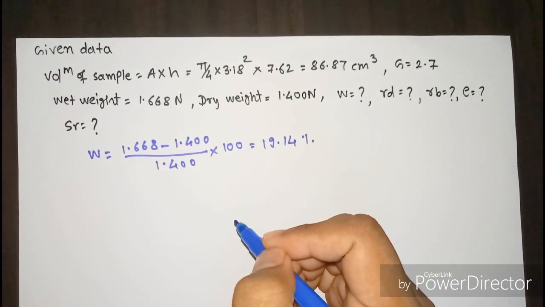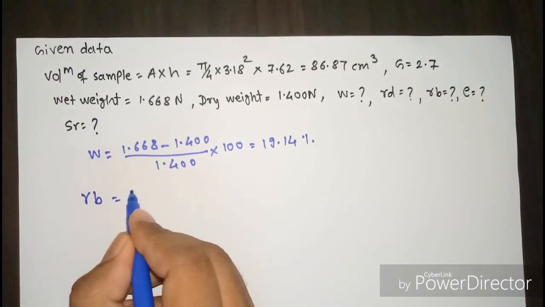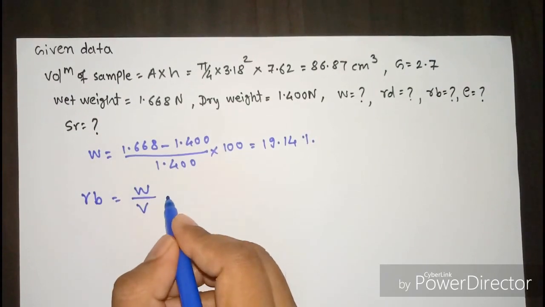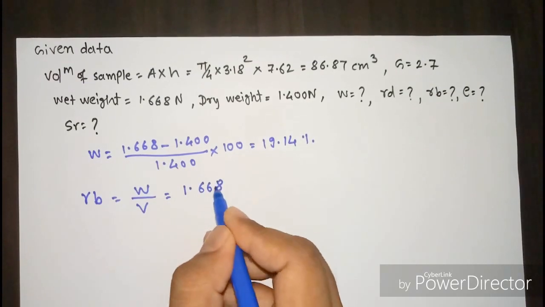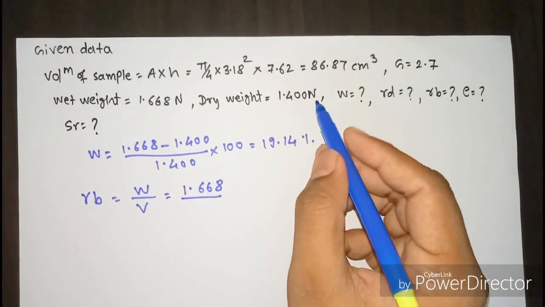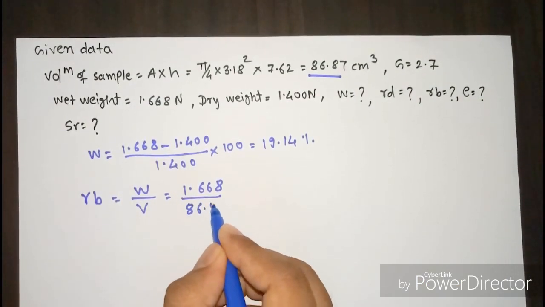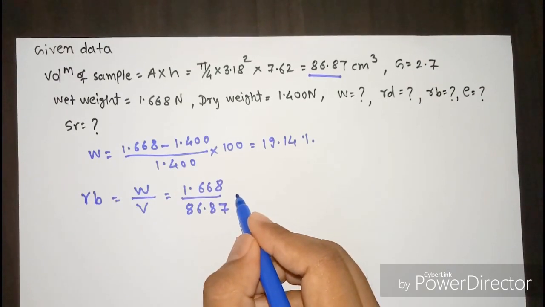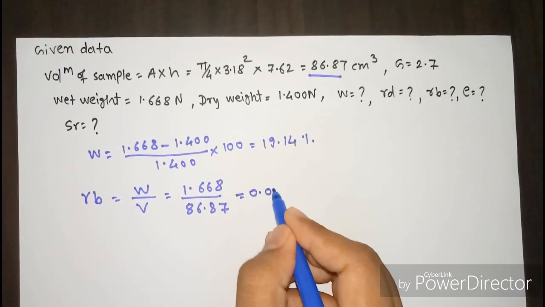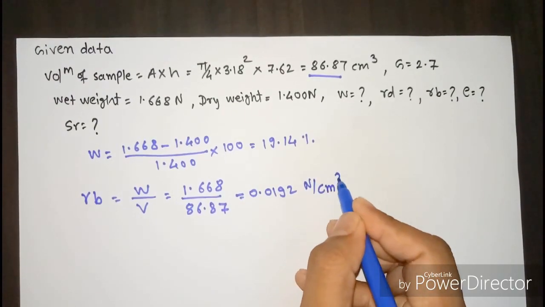Now we will calculate bulk unit weight. We know that bulk unit weight is equal to total weight upon total volume. So gamma B, bulk unit weight, is equal to total weight upon total volume. So total weight is 1.668 divided by volume is 86.87, which is equal to 0.0192 Newton per centimeter cube.